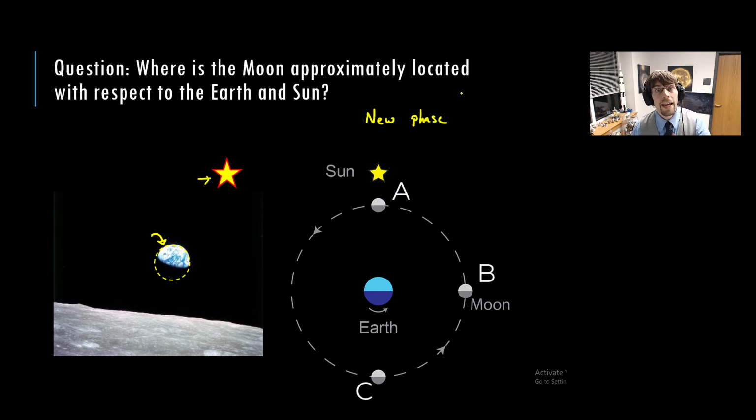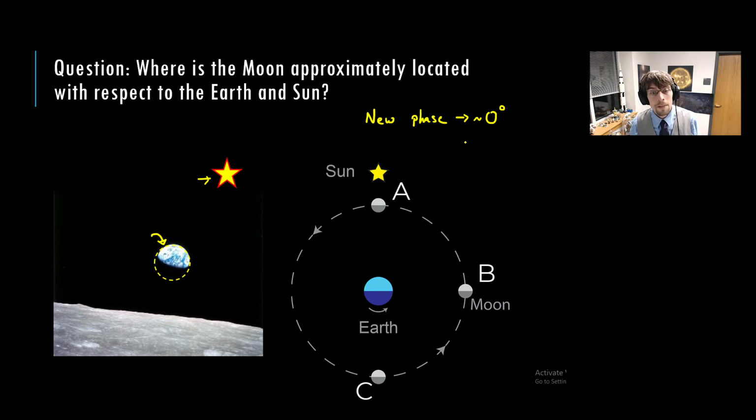That's the terminology. The connection I want to make is that the angle between the moon and the sun is roughly 0 degrees. If it's a new phase, you point at the moon, you point at the sun, the angle between your arms is approximately 0.